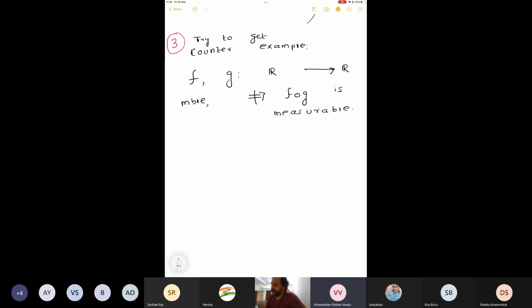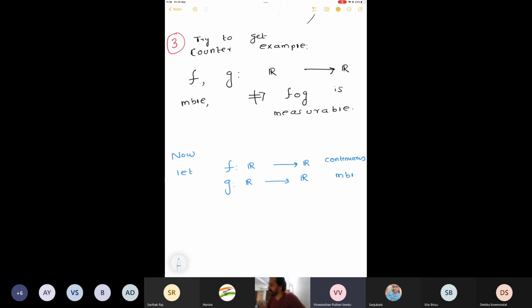Now let us prove the question in demand. F is a continuous function, g is measurable, and the composite is measurable. Let f from R to R be continuous and g from R to R be measurable.